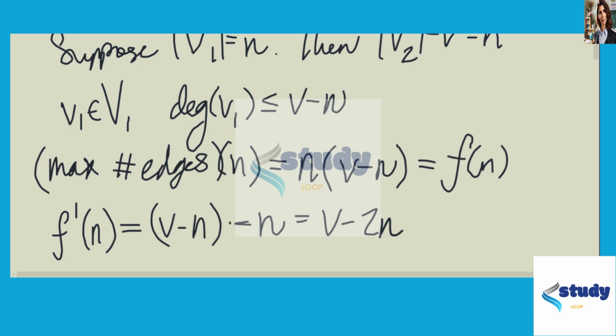and we want to find the critical values. So set this first derivative equal to 0, and we have that n is equal to V over 2.